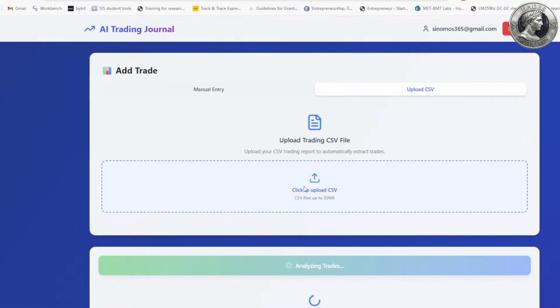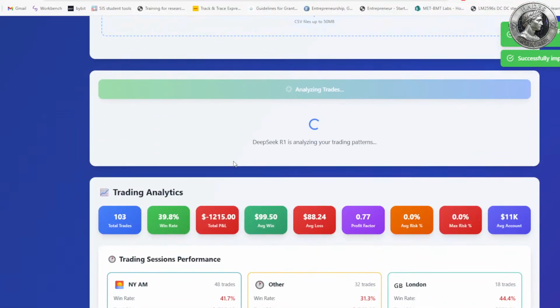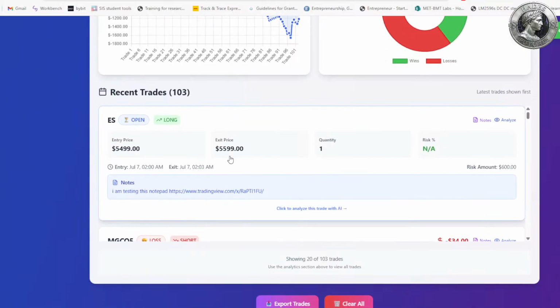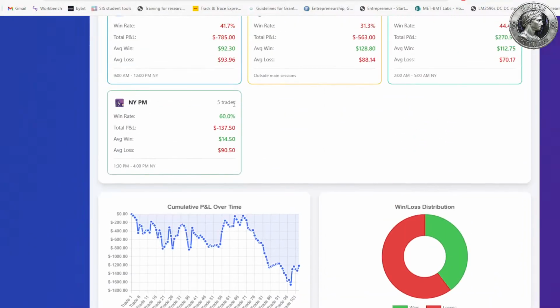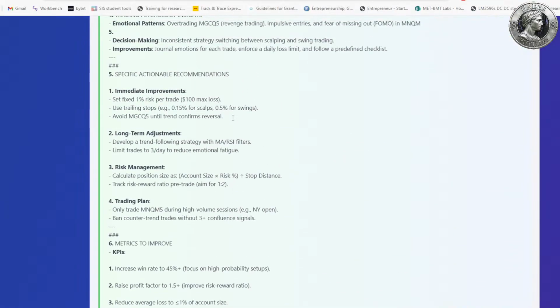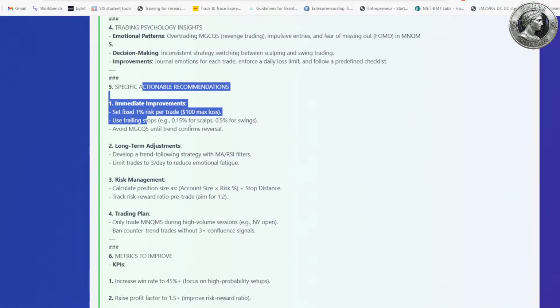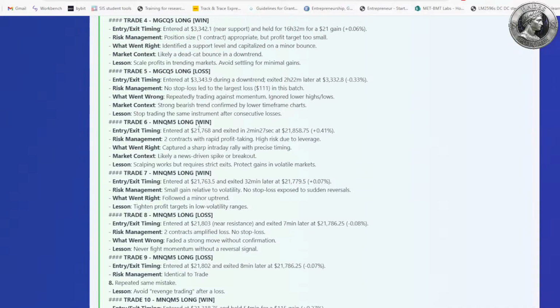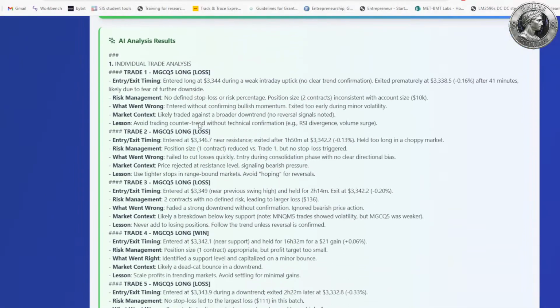Otherwise, if you download, for example, from your Tradovate or your Topstep, My Funded Futures, you can import them like this. Improvements, fixed risk. You see, it gives you a pretty detailed breakdown.